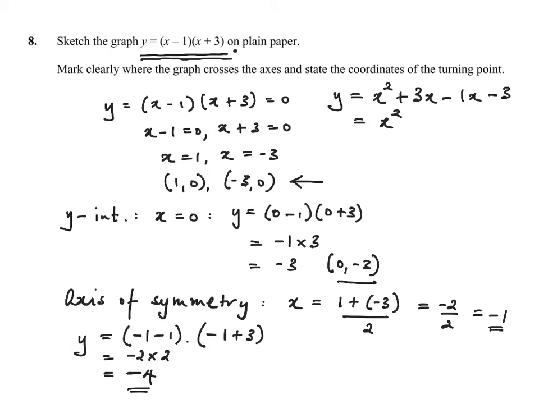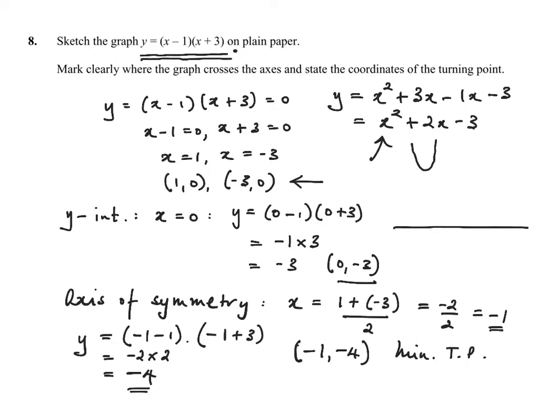The reason I'm doing that, although we didn't need to, is to show you that what we have here is a positive x squared, which is to say we have a graph that looks like so. So this point that I've just worked out, (minus 1, minus 4), are the coordinates of the minimum turning point.